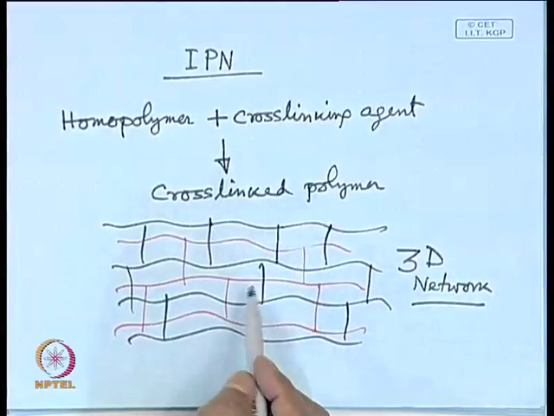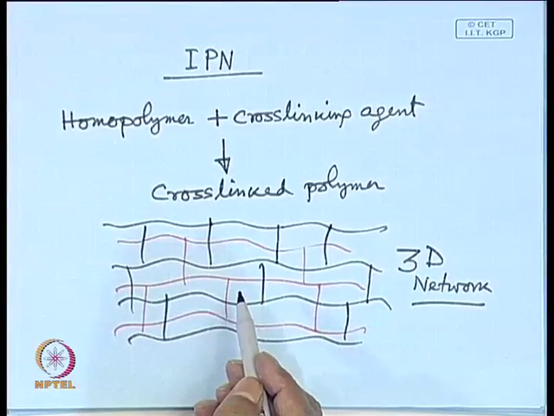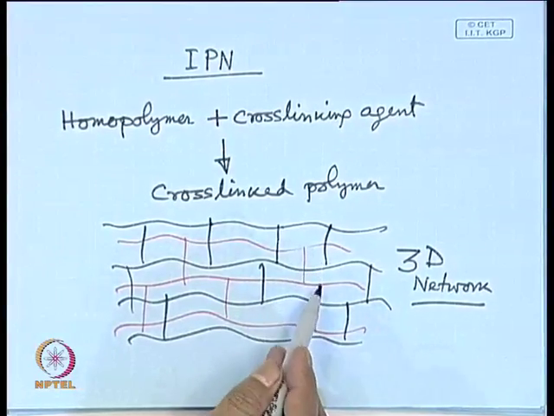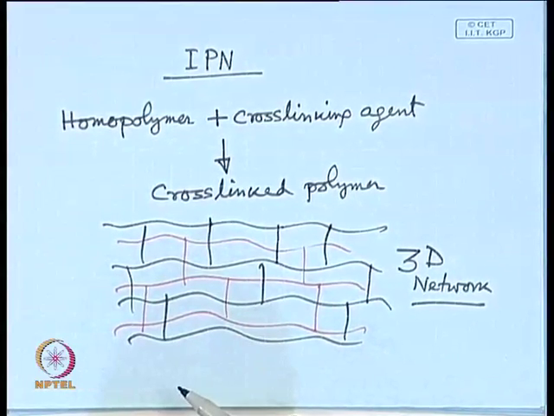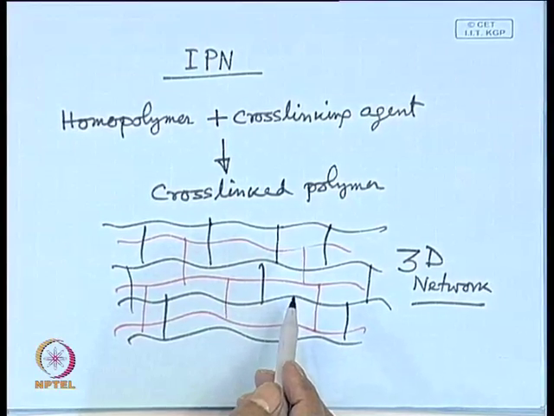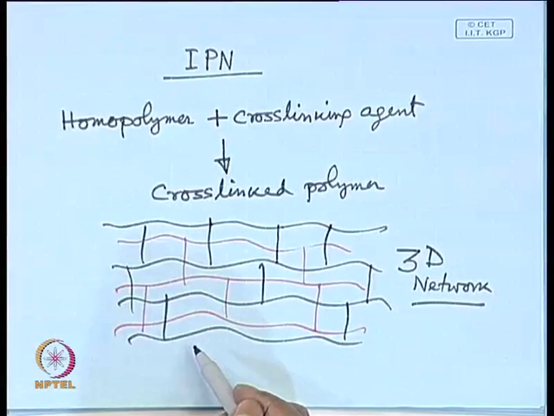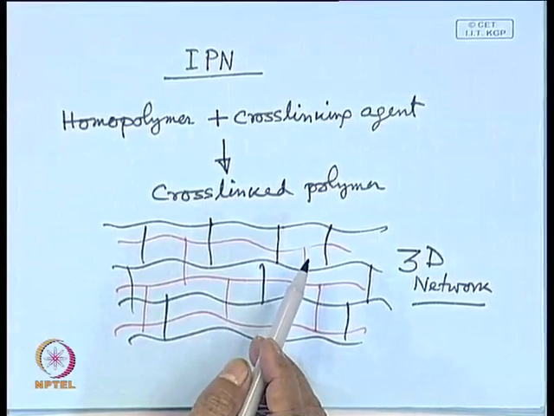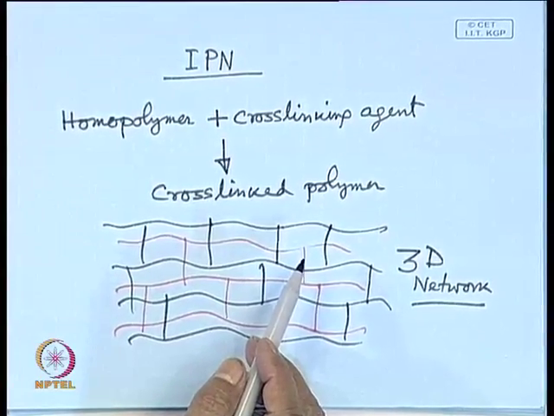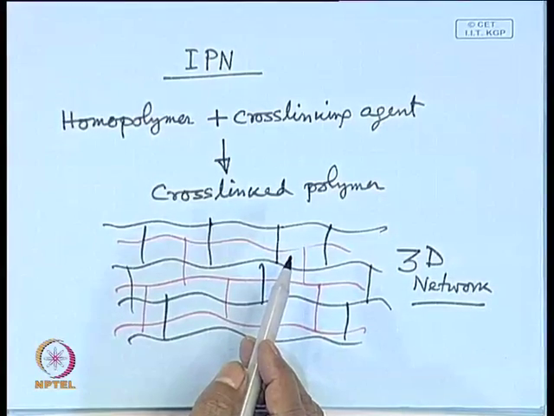In order to regulate its hydrophilicity, you introduce this red network which is hydrophobic in nature, giving an IPN of hydrophilic and hydrophobic polymers. Can you not regulate the hydrophilicity and hydrophobicity that way?